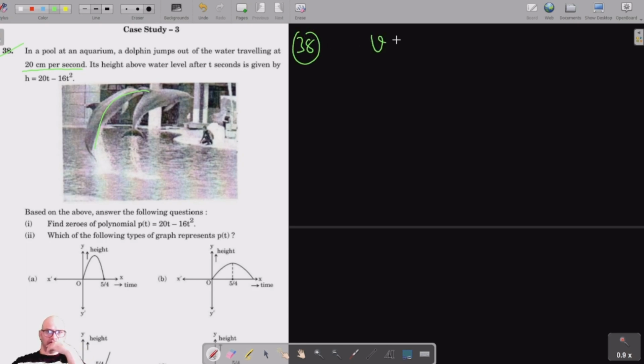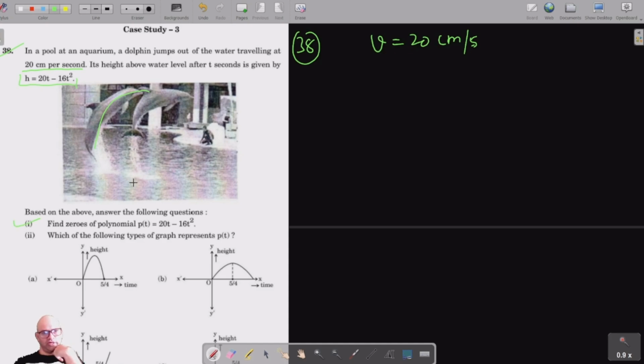So it's given that speed is equal to 20 centimeter per second, and the height above water level after t seconds is given by this equation, h is equal to 20t minus 16t square.